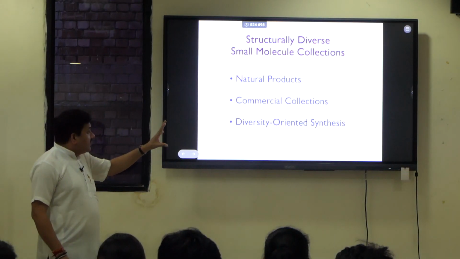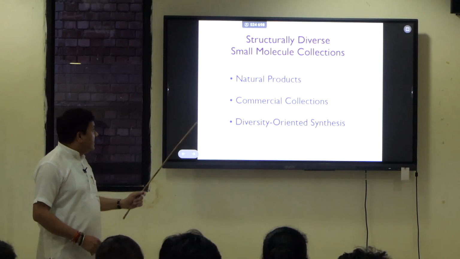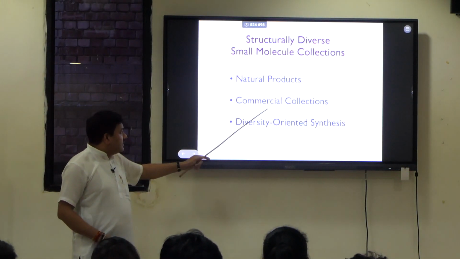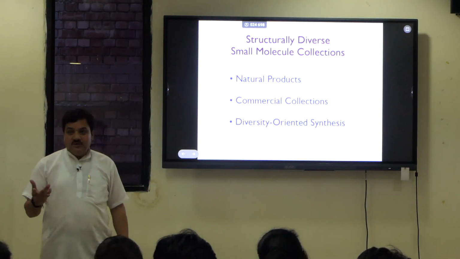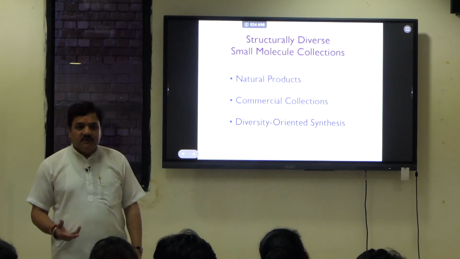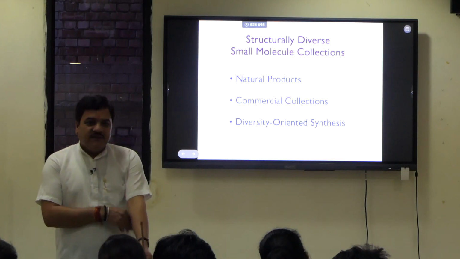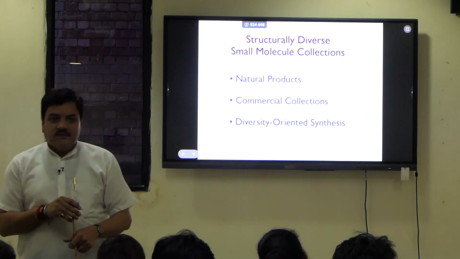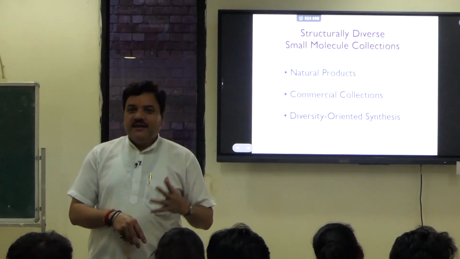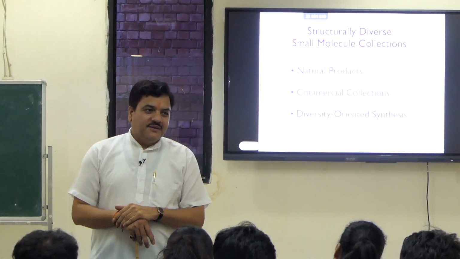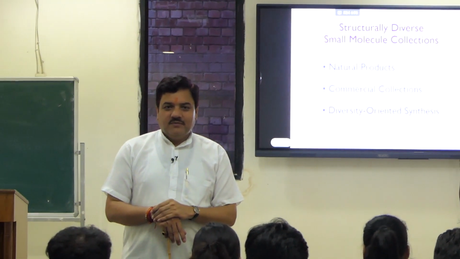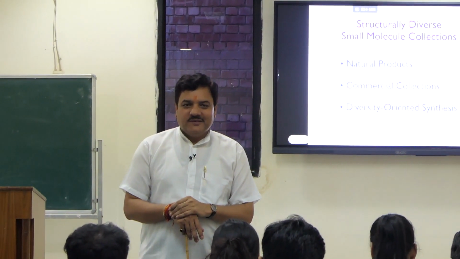In that particular work, he emphasized that small molecule collections can come from natural products, or from commercial collections, because by now, how many molecules have been discovered? If we talk about 2026 today, any idea how many molecules are known so far? No idea. Okay.